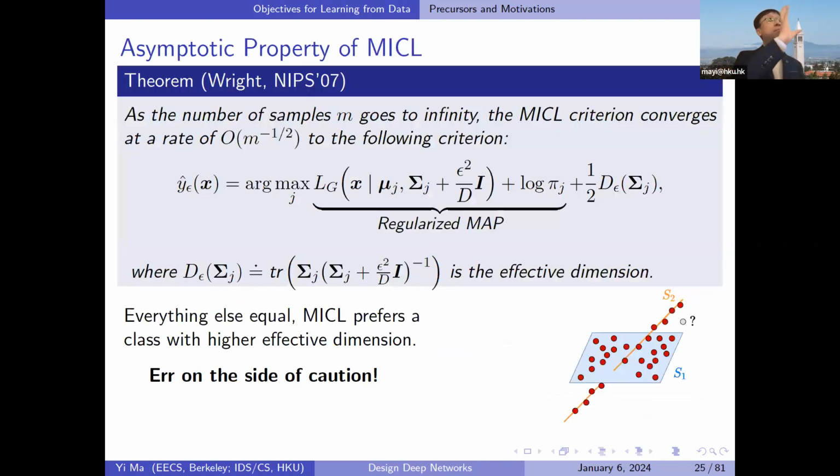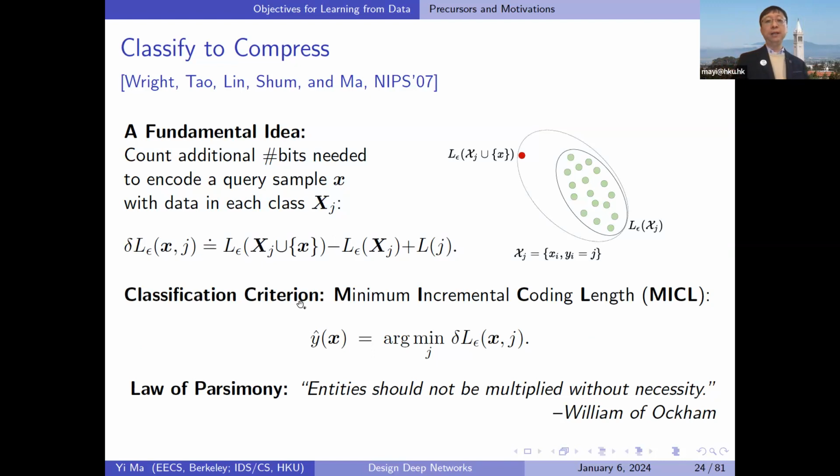So this has a parsimony flavor to it: entities should not be multiplied. You minimize the coding length. In fact, if you read Hinton's paper on autoencoding, the Helmholtz machine, it precisely uses minimum description length as a heuristic to train Helmholtz machines to do autoencoding. There's nothing new under the sun.